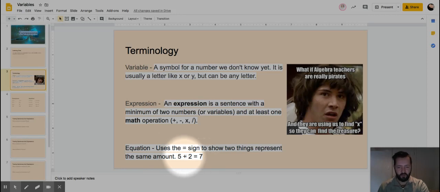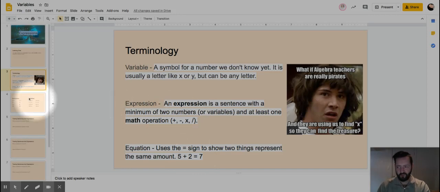And if we have a look at the left side of this equation, we add up 5 and 2, and that equals 7. So on the left side of the equation, everything equals 7. And on the right side of the equation, everything equals 7. And so therefore, we put an equal sign between them to show that the left side is the same as the right side. Now that's different from an expression because an expression doesn't have an equal sign in it.